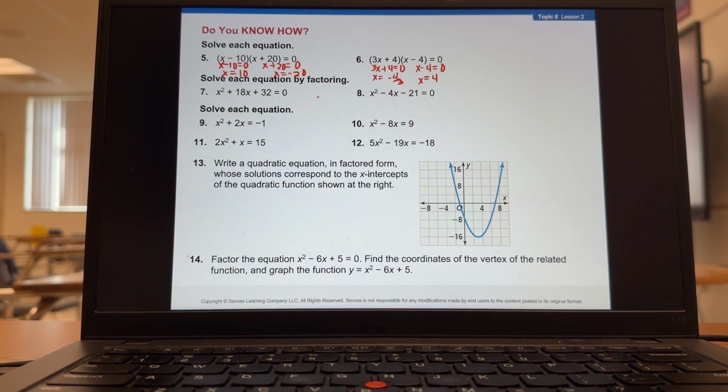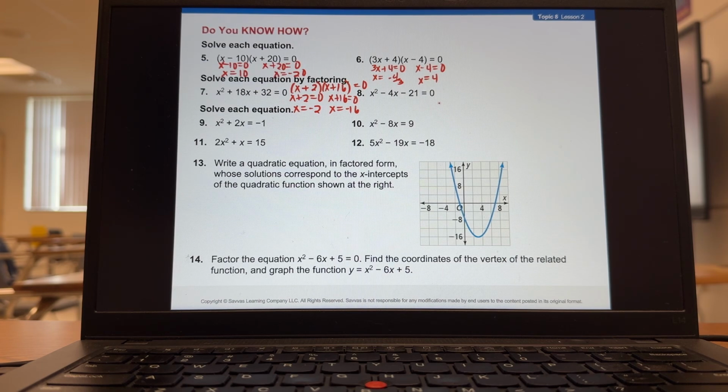What two numbers, when you multiply, give me a positive 32, and when you add, give 18? x plus 2 and x plus 16 equals 0. x plus 2 equals 0, x plus 16 equals 0, x equals negative 2, x equals negative 16.